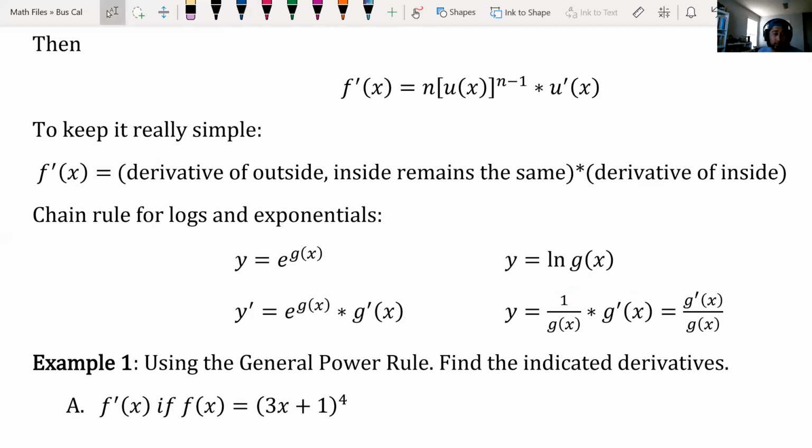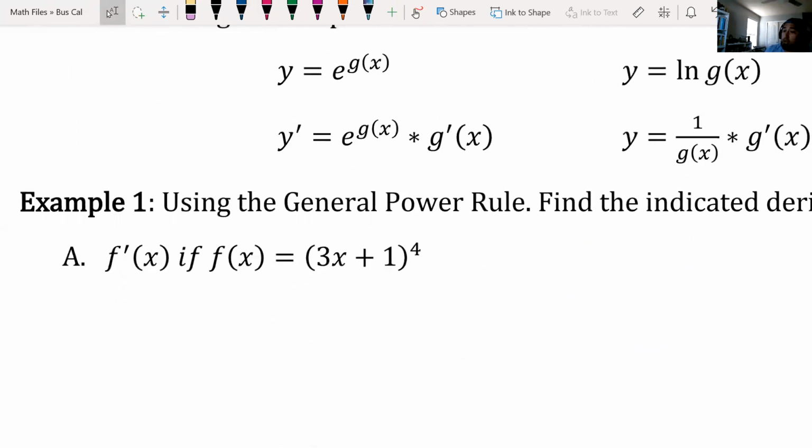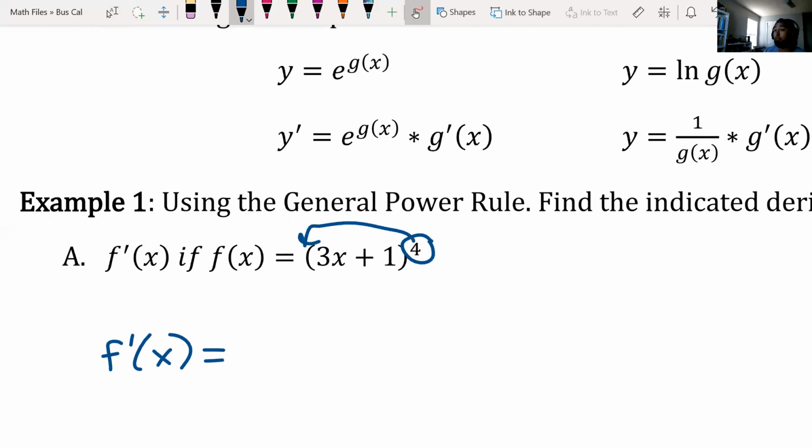So let's do this. Starting with A, find the derivative of f of x is equal to 3x plus 1 to the 4th. Okay, so our derivative, f prime of x, this 4 is coming down.